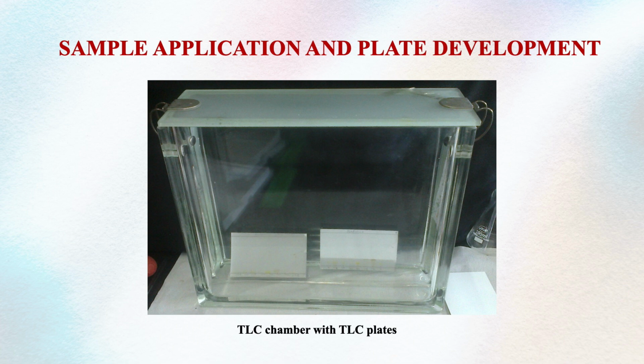In this image you can see there is a huge glass chamber. In this glass chamber, at the bottom, you apply the solvent. The white plates are your activated TLC plates. Now what is happening? In this case, the solvent always moves from bottom to top. Along with the solvent flow, it will take the sample also.